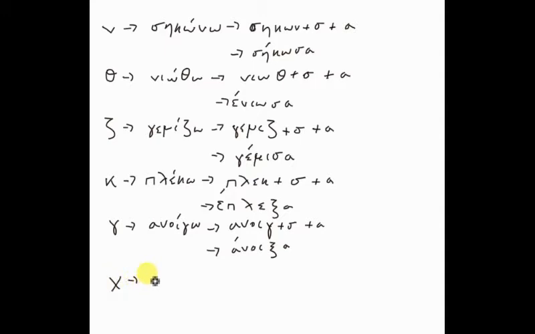Prosejo. Prosejo means I am careful or I watch over something. Prosech plus your sigma plus a. Sigma plus he makes a ks, as we said. Alpha is short, accent goes on the antepenult. Prosexa.